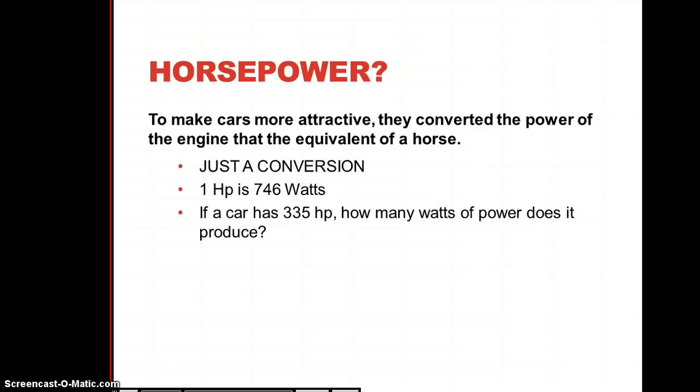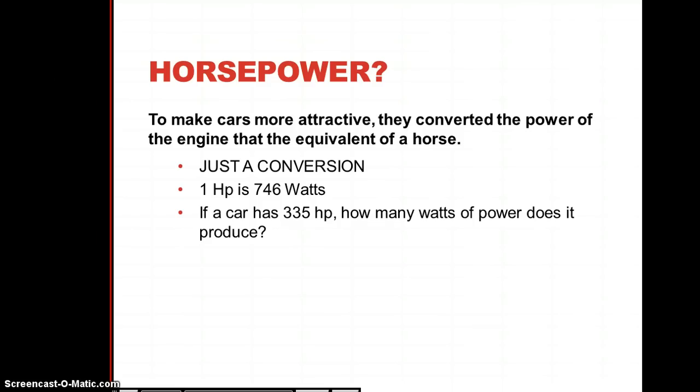So they converted the power of an engine into the equivalent of a horse. So they could say, oh, this car is the equivalent of 3 horses. Well, now we are up to cars that have 335 horsepower, which is a lot of horses. But when we talk about this, it's just a conversion out of watts. We are going to know that 1 horsepower is equal to 746 watts.